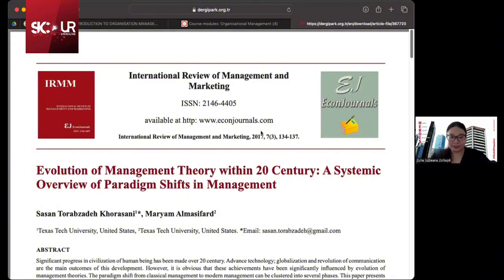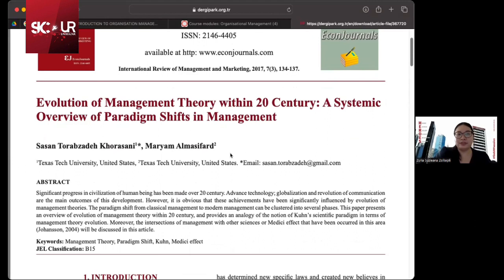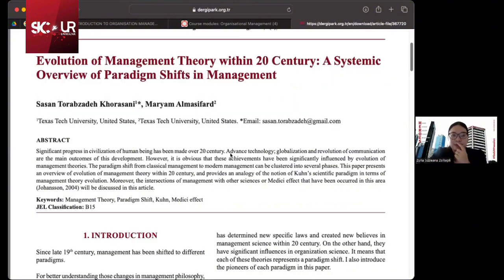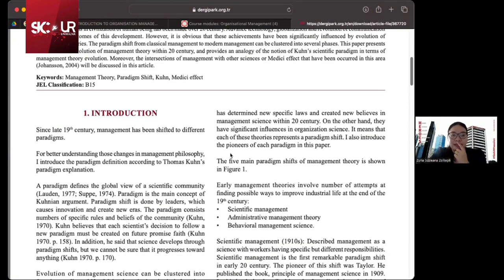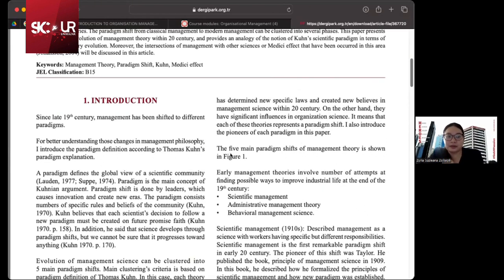In this article, it shows the paradigm shift in management. What I want to share is that you can see the different phases, or the different management definitions by distinguished scholars.